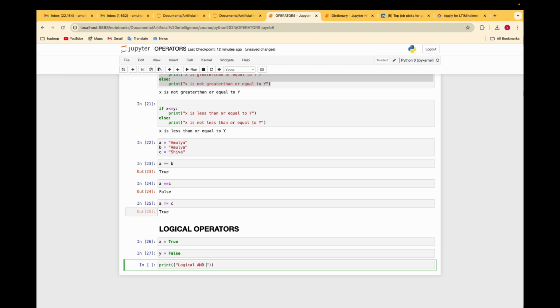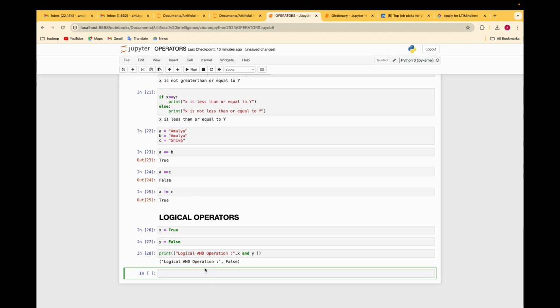Logical and operation: x and y returns true if both values are true.